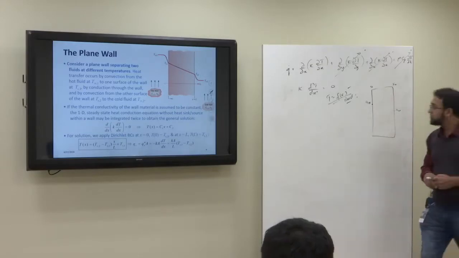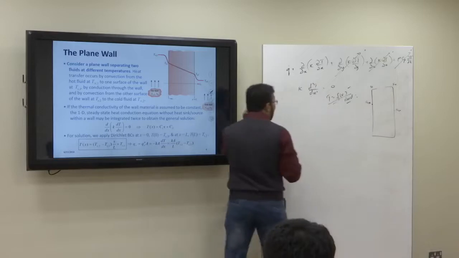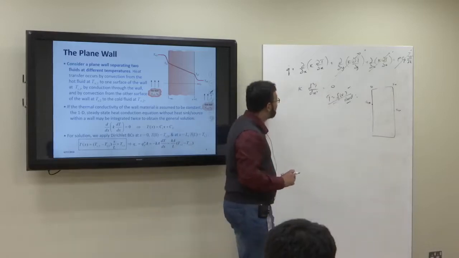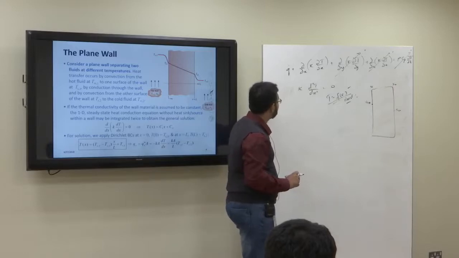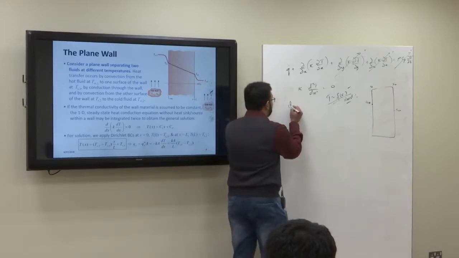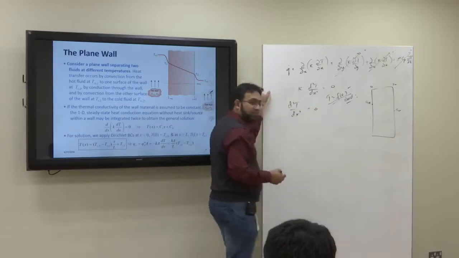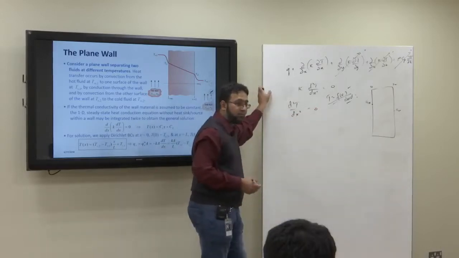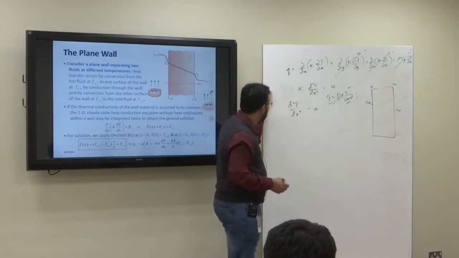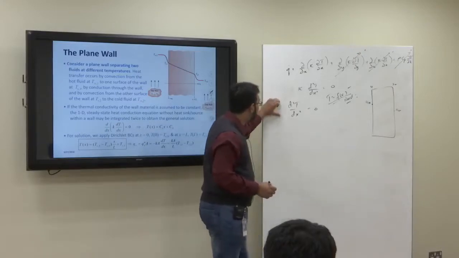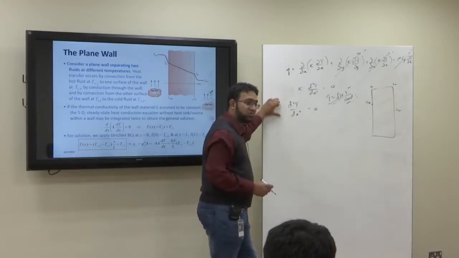Okay, so how do we solve the problem? K times d squared T by dx squared equals 0. So I can say that d squared T upon dx squared equals 0. Right? Okay. So what am I going to do to solve this equation?